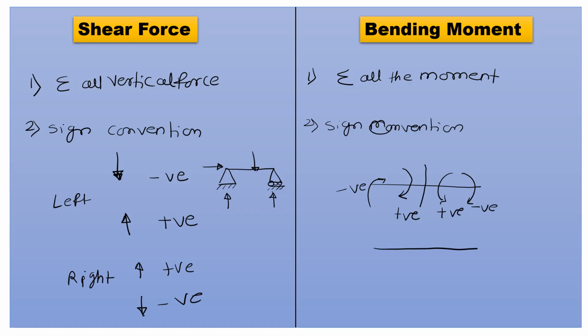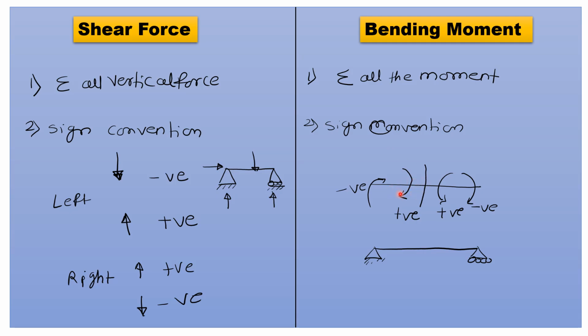If you calculate the bending moment from this point in this direction, then take these signs. And if you calculate the bending moment from this point in this direction, then take these sign conventions. This will be confusing right now, the bending moment sign convention.